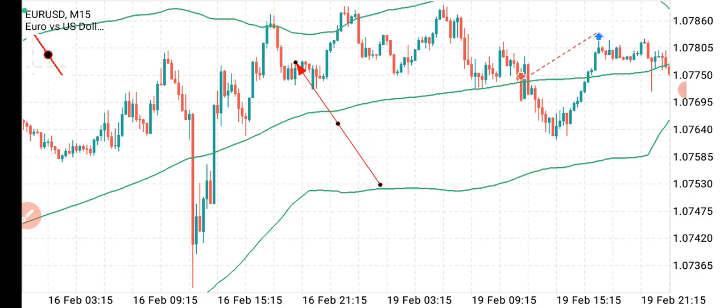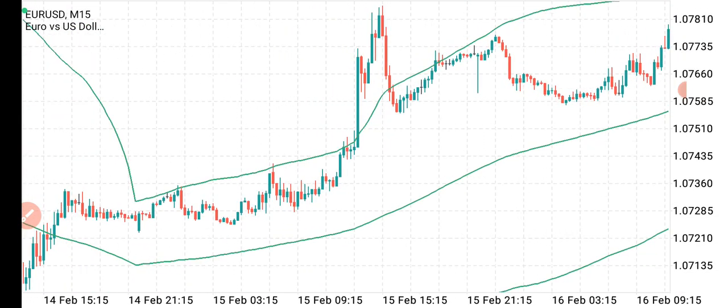First touch, second engulf, you are down. Stop loss. Your stop loss should be 10 to 15 pips above the candlestick formation. Stop loss 10 to 15 pips above or below the formation of the candlestick, and then you are on your way to the downside. So please go through this video.